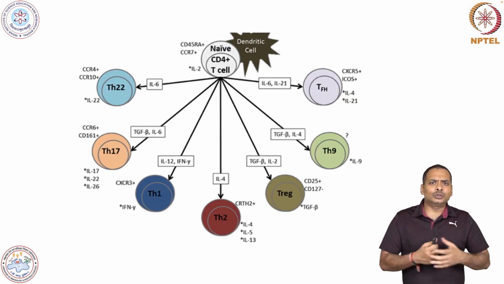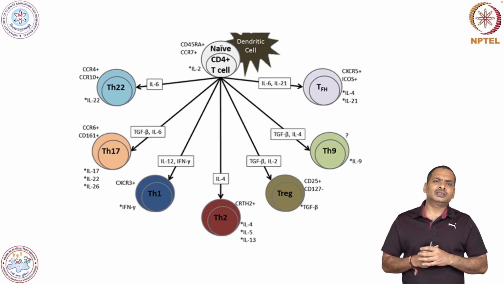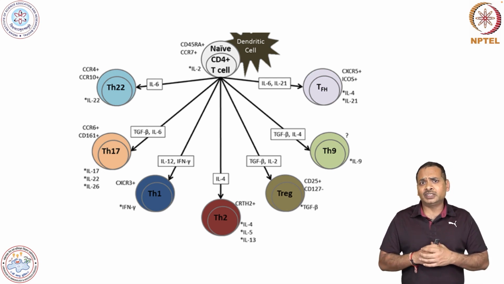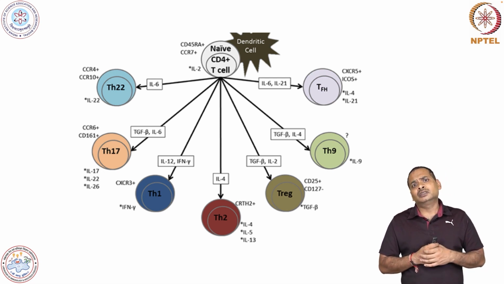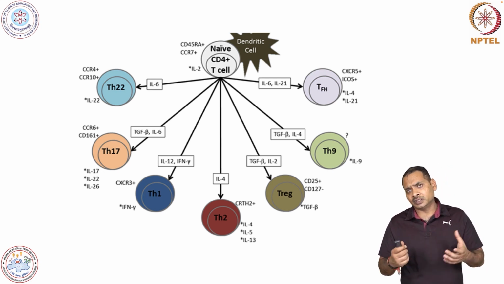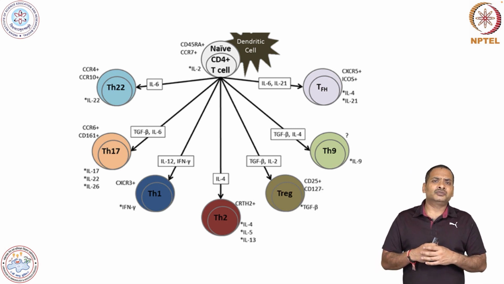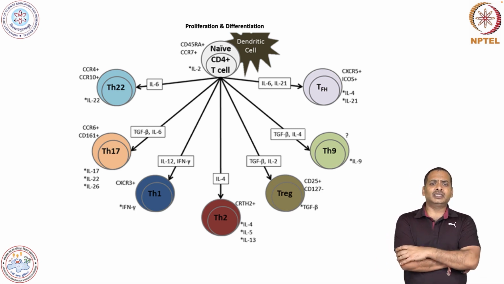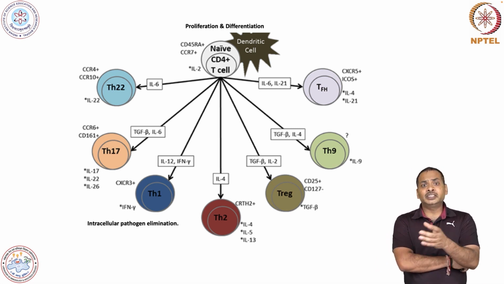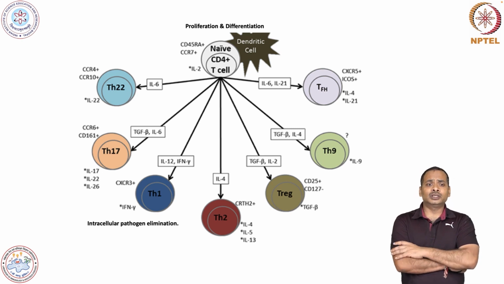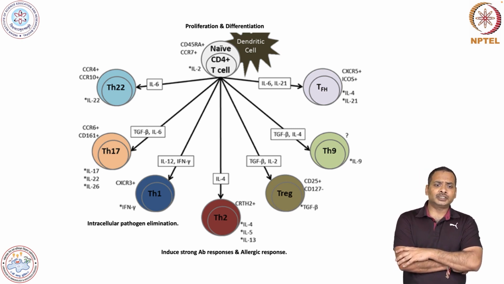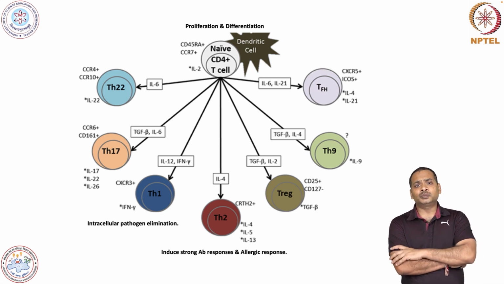Here I just want to tell that there are various kinds of T helper cells, and they play a role in different kinds of phenomena. There is a Th1 cell which plays an important role in intracellular pathogen elimination. There is a Th2, which induces antibody responses and allergy responses.